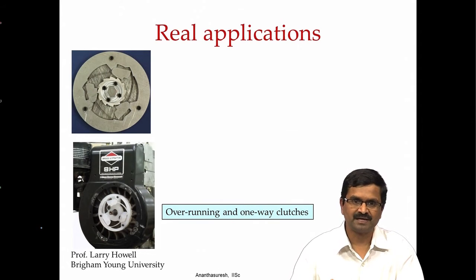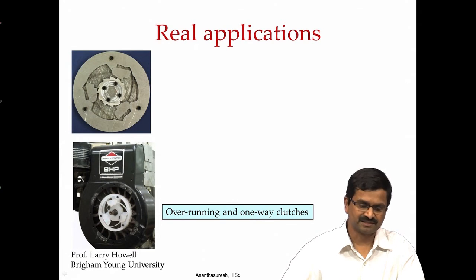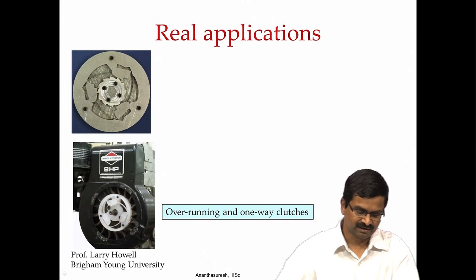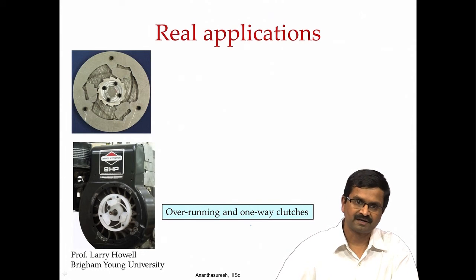If you think of the lawn mower as an appliance or a device, here is where the compliant mechanism is. It is an overrunning clutch. The white one that you see is the overrunning clutch. Depending on the speed, the clutch will engage or not engage. That kind of a thing you can have with plastic or with metal as well, what you see at the top. Okay, that is a real application.